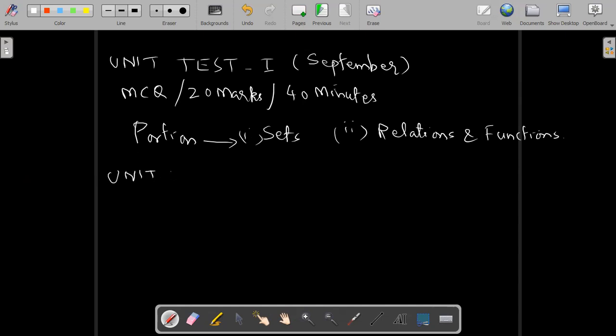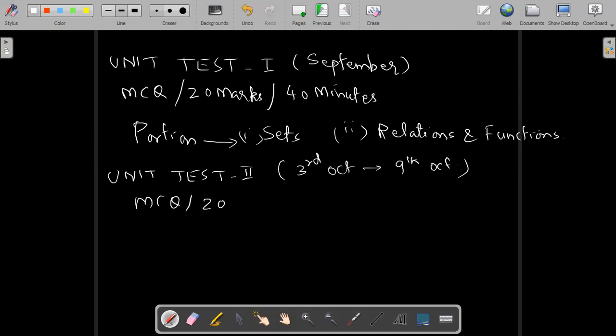Then you will have unit test 2. Unit test 2 will be with other classes, from 3rd to 9th October, and this will be again MCQ, 20 marks.